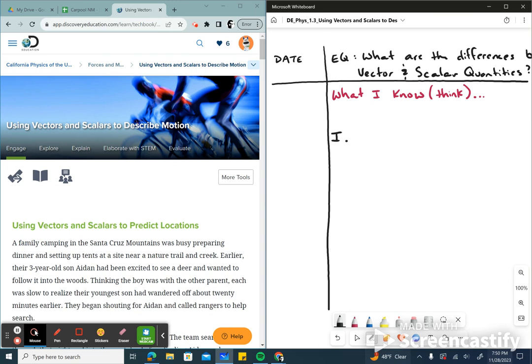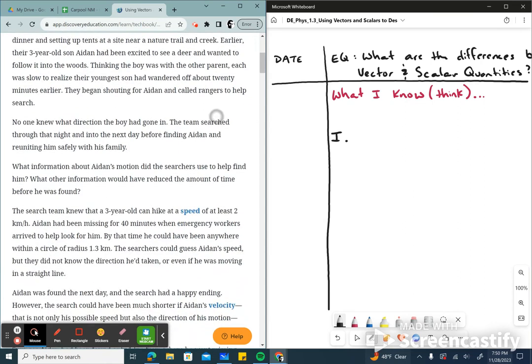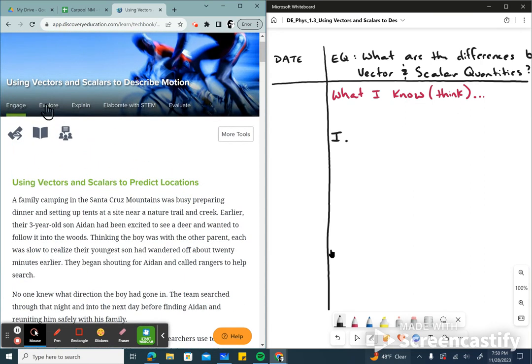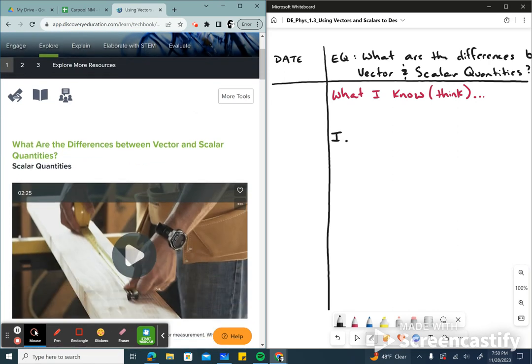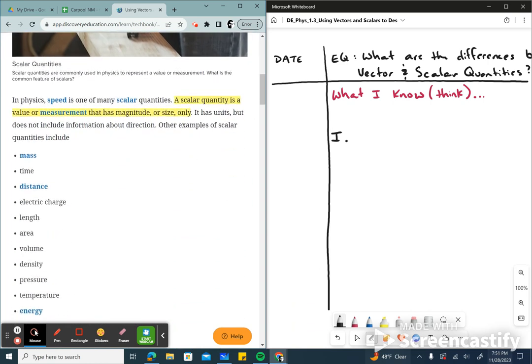As I take a look through the text here, I can see using vectors and scalars to predict locations. We're actually on the engage page, so let me get back over to the explore page. We can see our essential question, and they're going to talk about scalar quantities. It looks like we've got some vocabulary words, and they're going to define it for us and provide some examples.